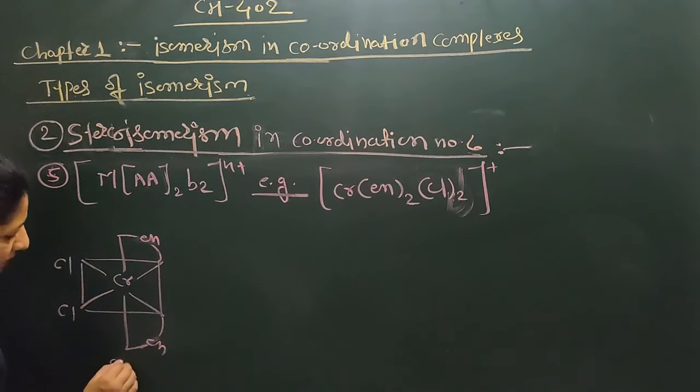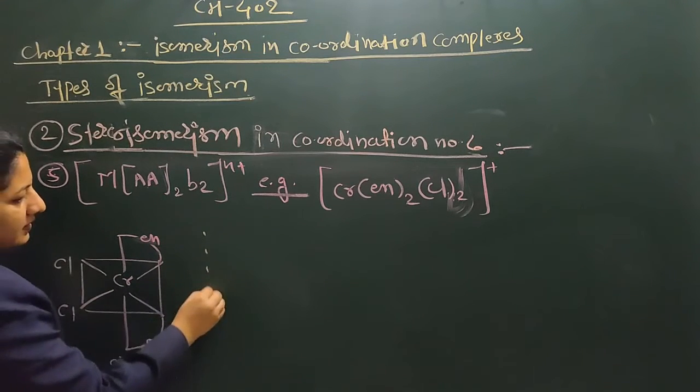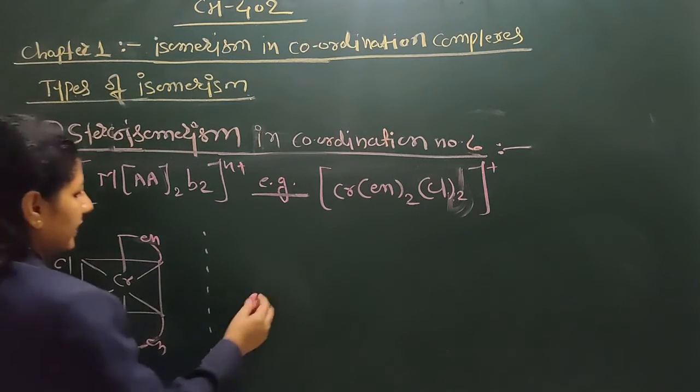This ethylene diamine is on the same side, so this is cis. This cis isomer shows optical isomerism.